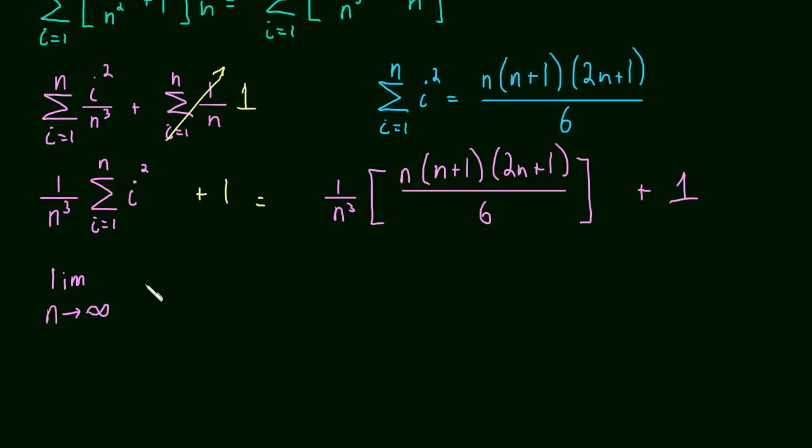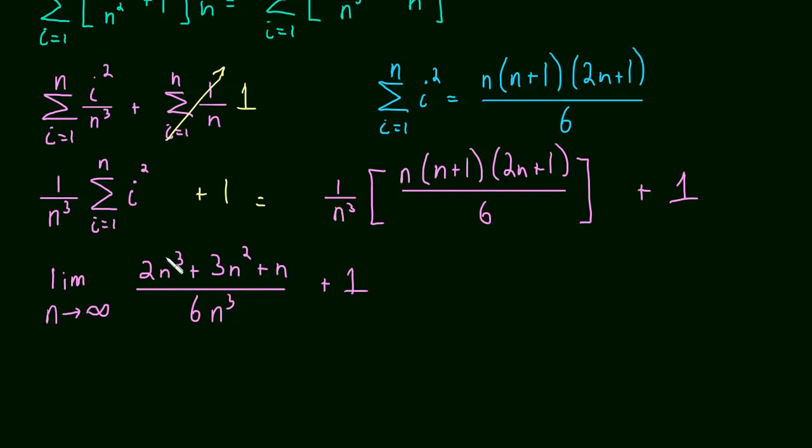And we can simplify this entire expression. n times n plus 1, that's n squared plus n. And then that distributed to 2n plus 1 simplifies to 2n cubed plus 3n squared plus n, all over, and then 1 over n cubed distributes to this 6, so that's over 6n cubed, plus 1.